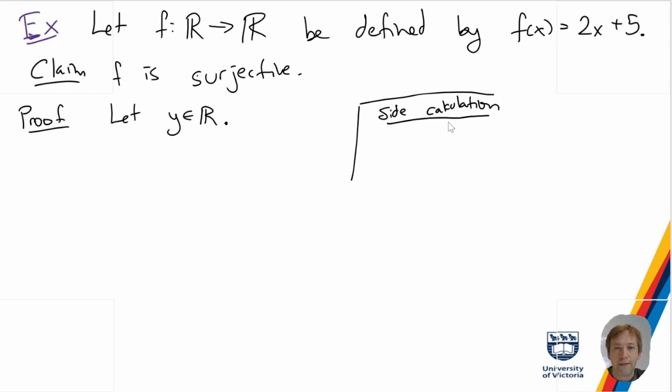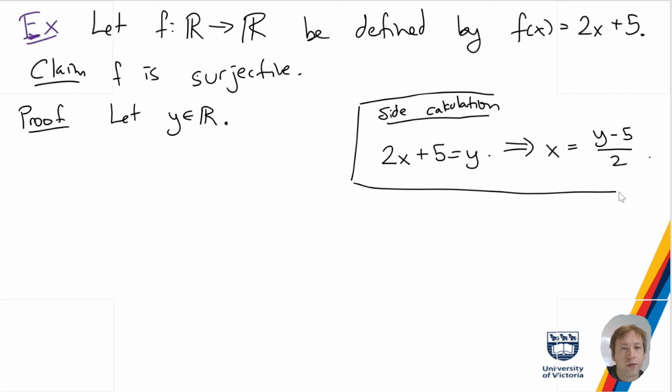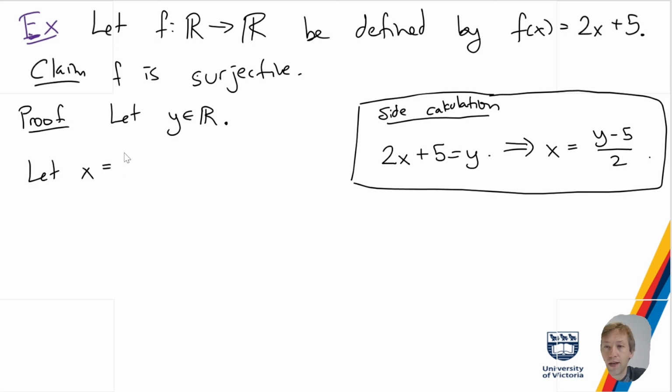If I wanted to have f of x equals y, I would want to find an x such that 2x plus 5 equals y. So if I solve for x, that tells me that x is (y minus 5) over 2. Okay, so this gives me some idea of which x I should pick. So let x be equal to (y minus 5) over 2.